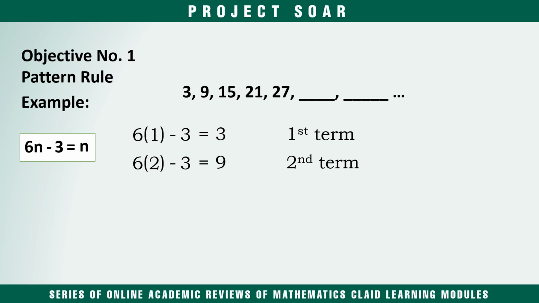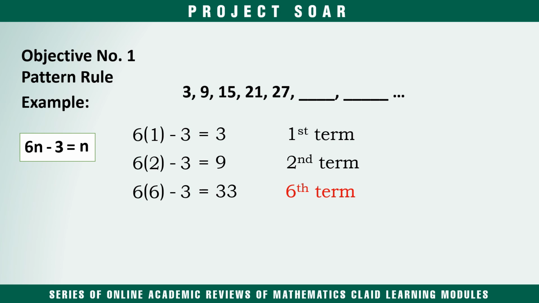So, let us proceed to the sixth term. To solve our equation, we're going to follow the formula, which is 6n minus 3 is equal to n. So, 6 times 6 minus 3 is equal to 33, which is the sixth term. And let us proceed to our seventh term.